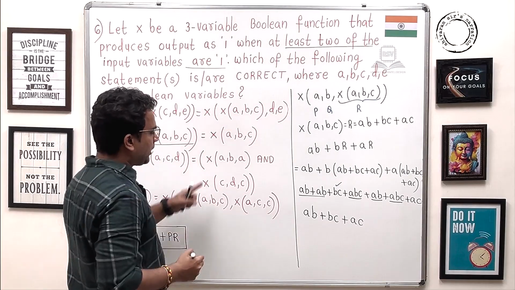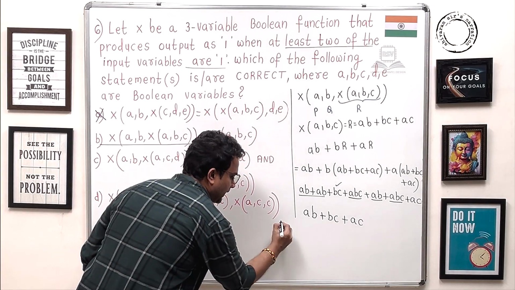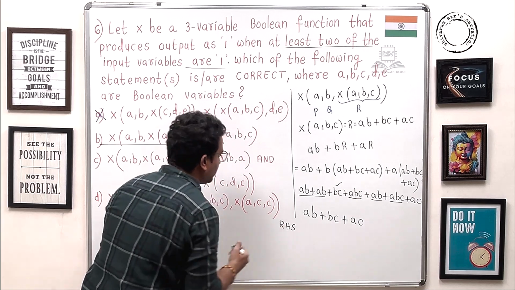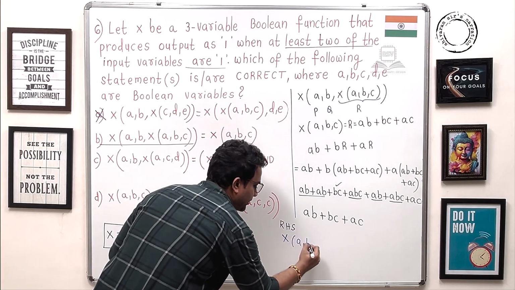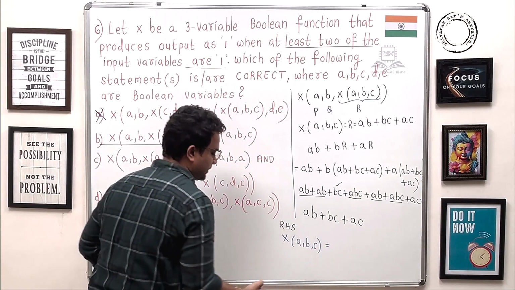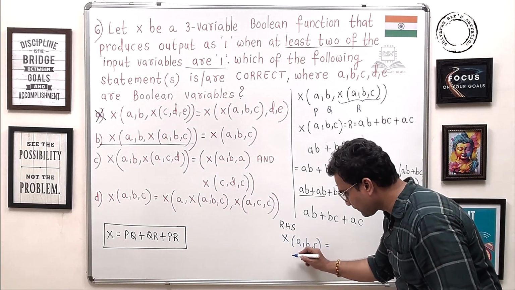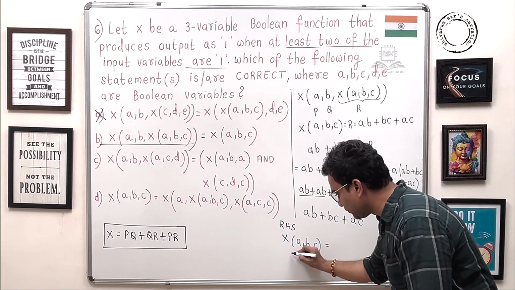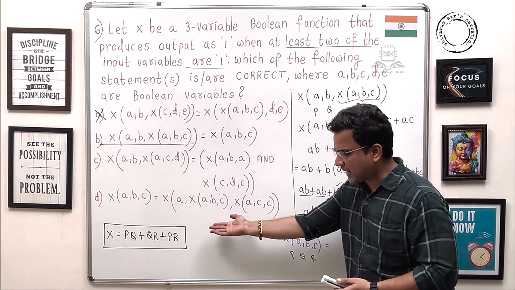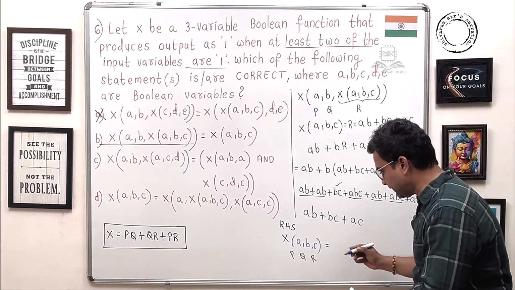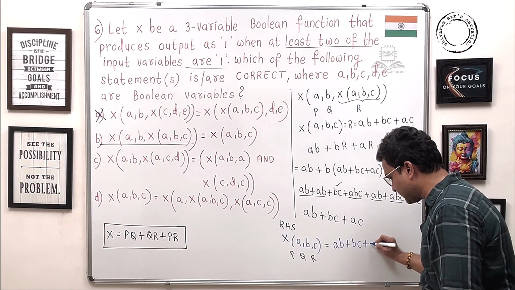Now let's see X of A comma B comma C. Coming to the RHS term, if you take X of A comma B comma C, as per this expression, this will be P, this will be Q, this will be R. Then we can write this as it is, that is AB plus BC plus AC.